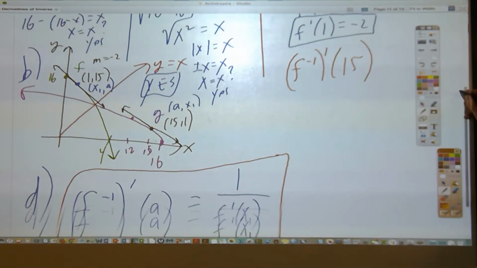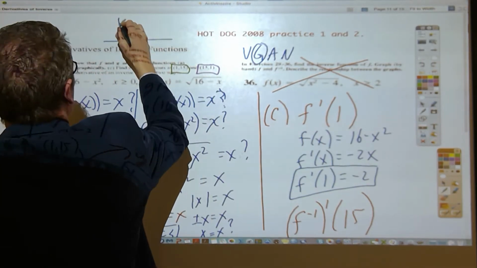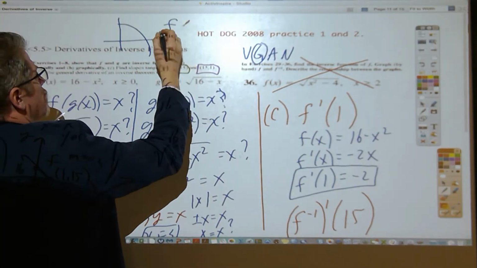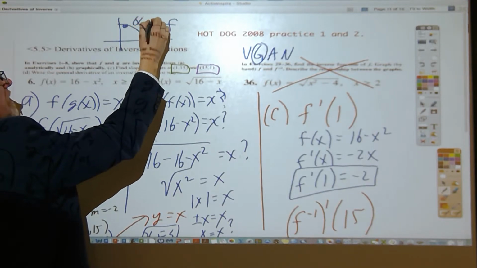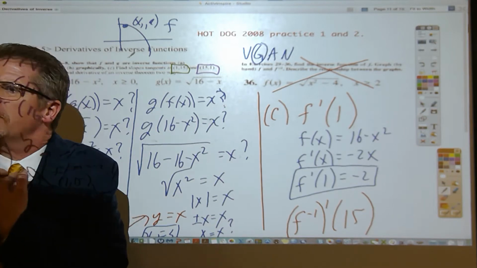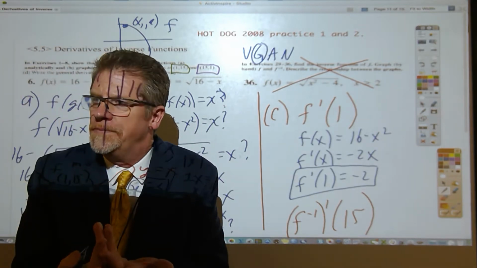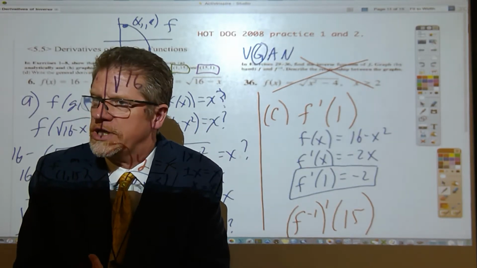Our textbook uses the letter A. Here's f of x. You see, if the input is x1, the output is A. They use A to represent what, if it were up to me, I would have used y1. But they use A to represent the y coordinate.